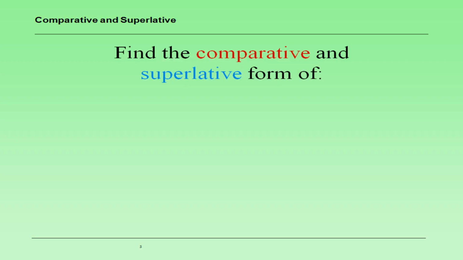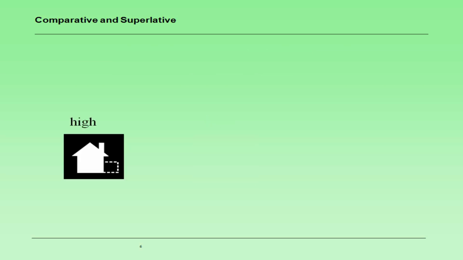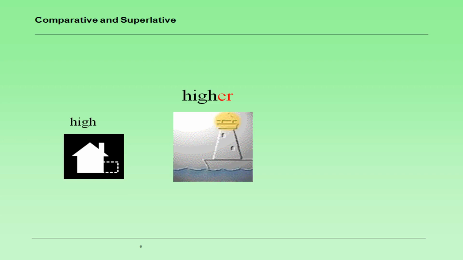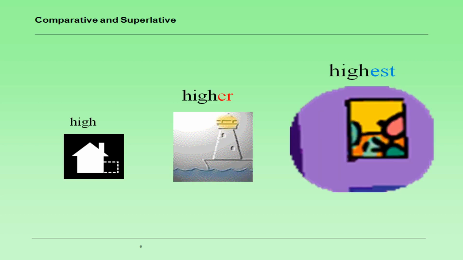Then find the comparative and superlative form of high. Comparative form is higher and the superlative form is highest.